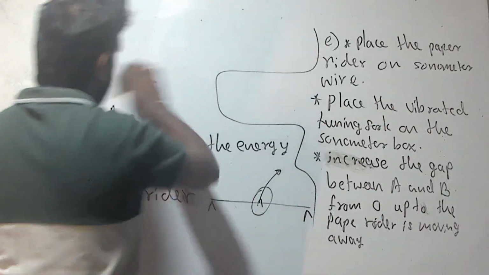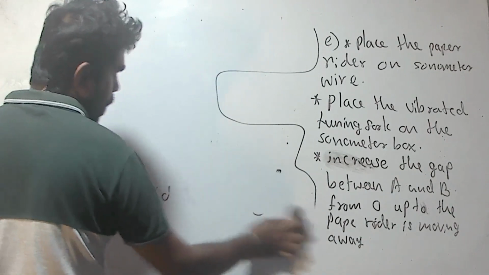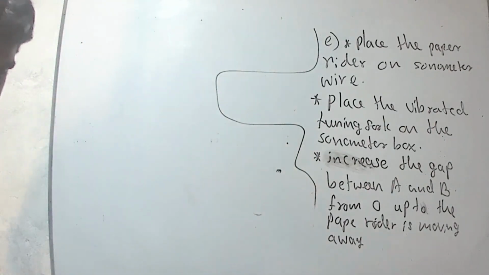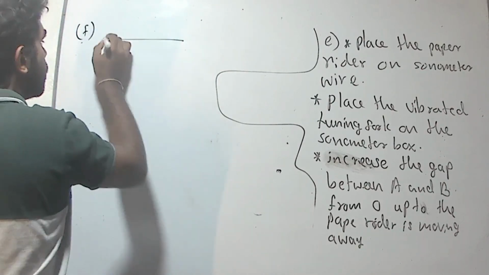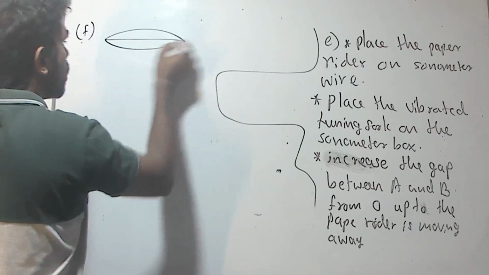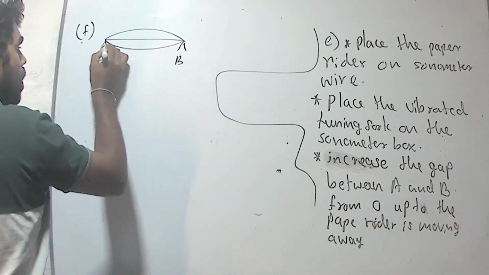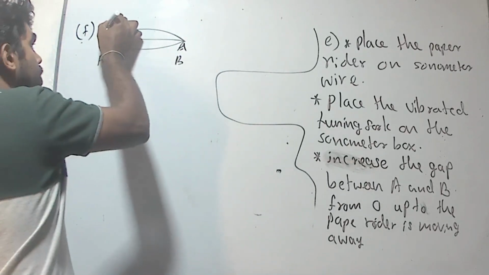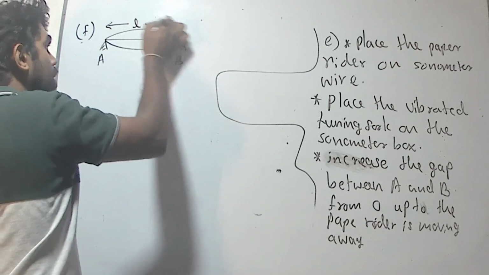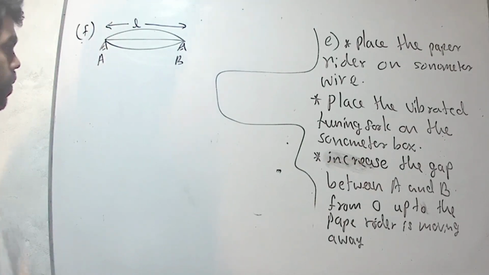Now I will draw the wave pattern related to the fundamental frequency. It is like this. This is bridge A and this one is bridge B. We have to measure this resonance length by using a meter ruler.